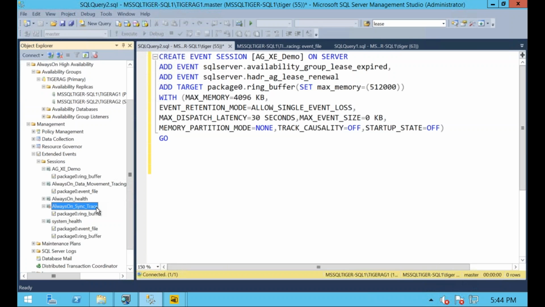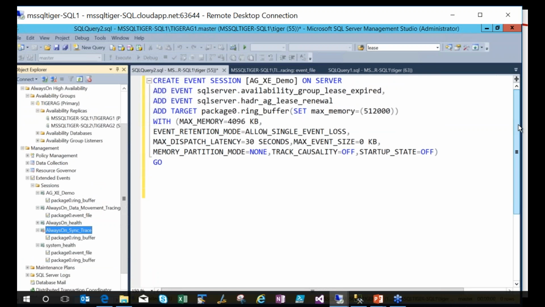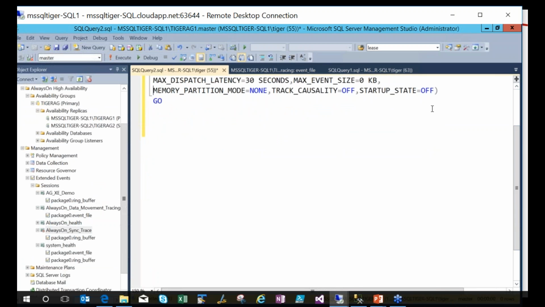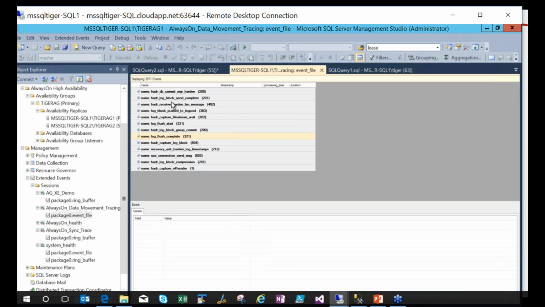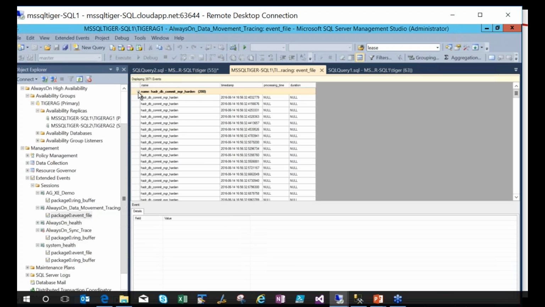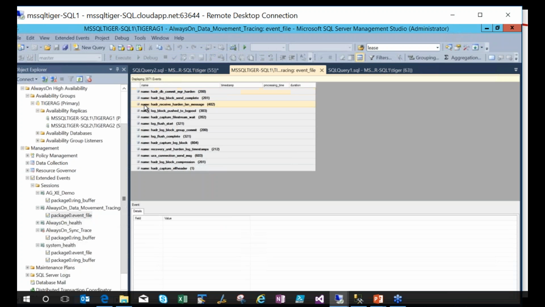Great. Okay, so going back to my session, let me switch over. Now, all this extended event data that I'm showing over here doesn't look nice. Let me zoom back out.